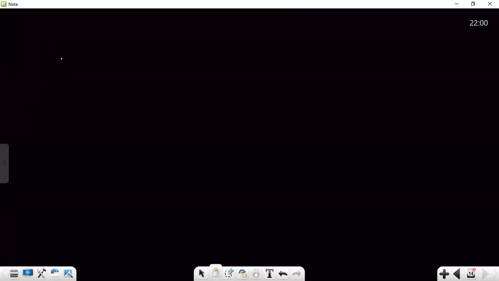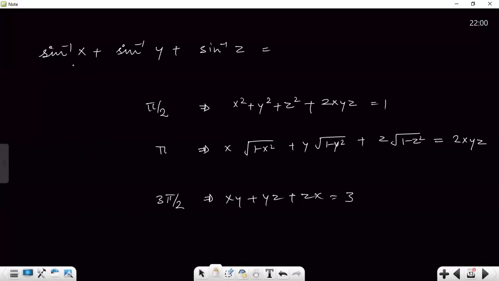Let's talk about cosine. From here itself, we can observe a pattern that sine inverse x can be written as pi by 2 minus cosine inverse of x. Have we discussed it or not? We haven't.